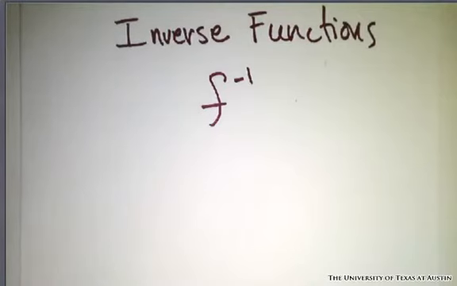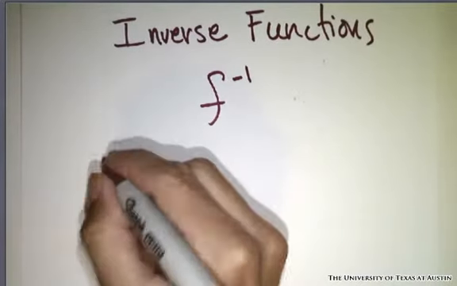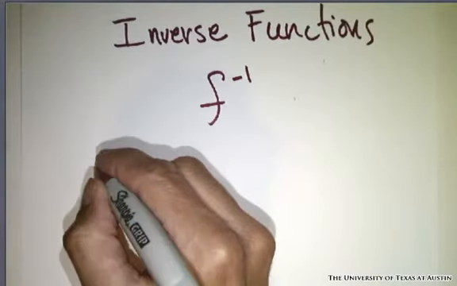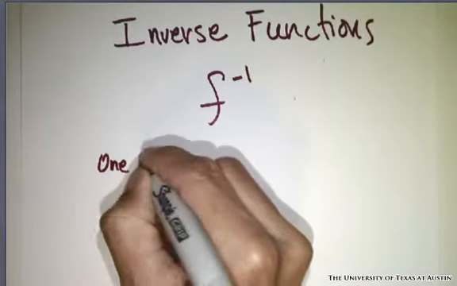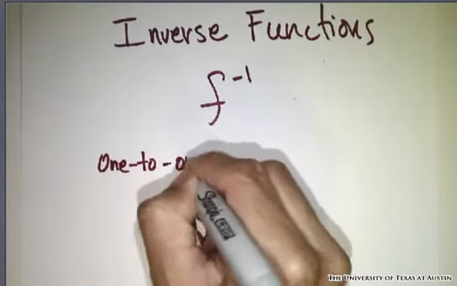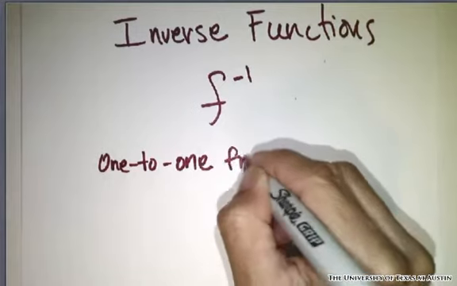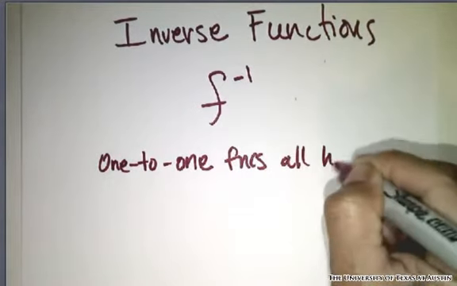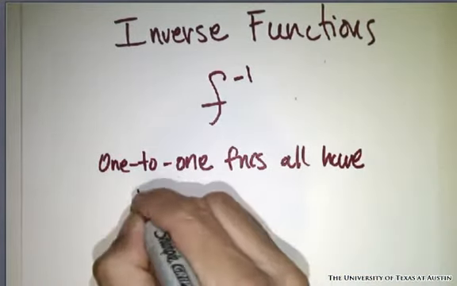In this video, we're going to talk about inverse functions. And we just learned about one-to-one functions. Well, the reason we study one-to-one functions is that one-to-one functions all have inverse functions.